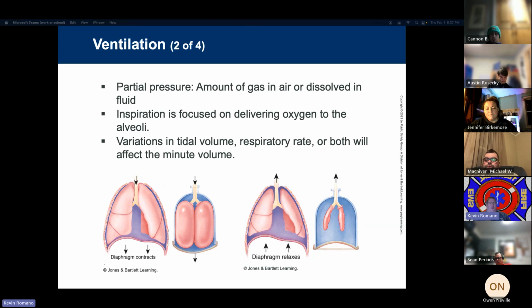Right? The entire process of inspiration is focused on delivering oxygen to the alveoli. So variations of tidal volume, respiratory rate, or both will affect minute volume. As you can see here in these photos, describing what I just mentioned to you guys.